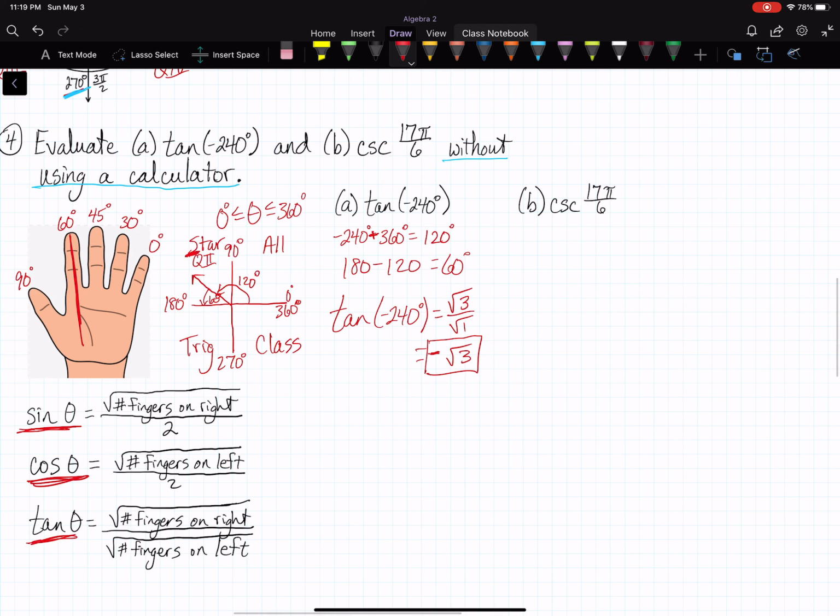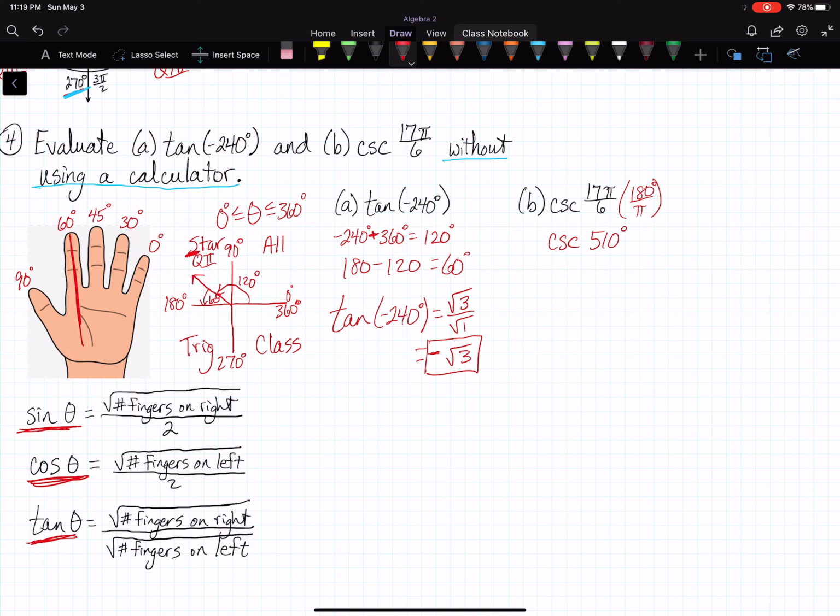17 pi over 6. Good gracious. So we got a lot to do to this one, because first we're going to make it degrees. Get it out of radians. And when we do that, we'll figure out what that equals. If you put that in your calculator, you'll see that it's the cosecant of 510 degrees. Okay?